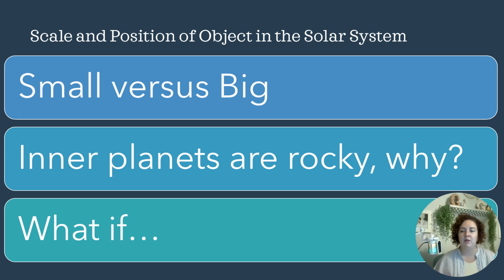Well, one of the main reasons why the inner planets are so small is because if they were any larger, as we know with gravity, the larger the mass of each object, the stronger the gravitational pull. So if you have a thing like the sun and a thing like Jupiter, they are going to have so much gravitational attraction to one another that they're going to want to come together.